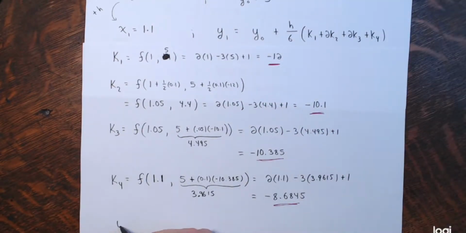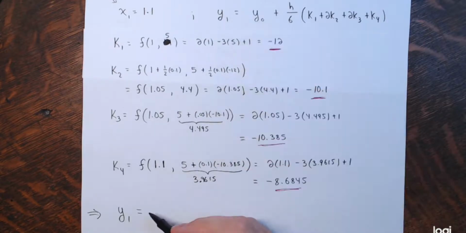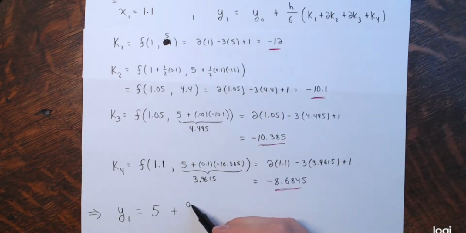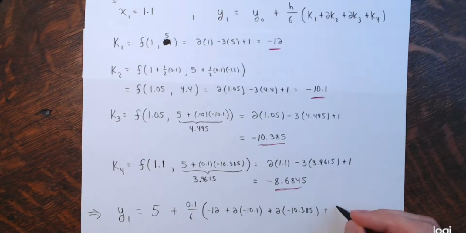So now Y1 is y0, so 5, plus h divided by 6, so 0.1 divided by 6, times this quantity, k1, so negative 12, plus 2 times k2, negative 10.1, plus 2 times K3, negative 10.385, and then plus K4, negative 8.6845.